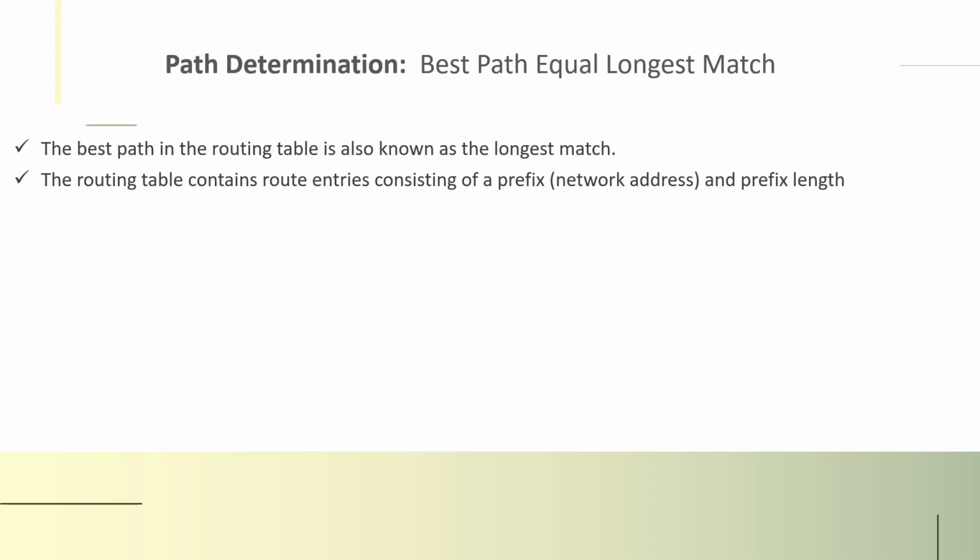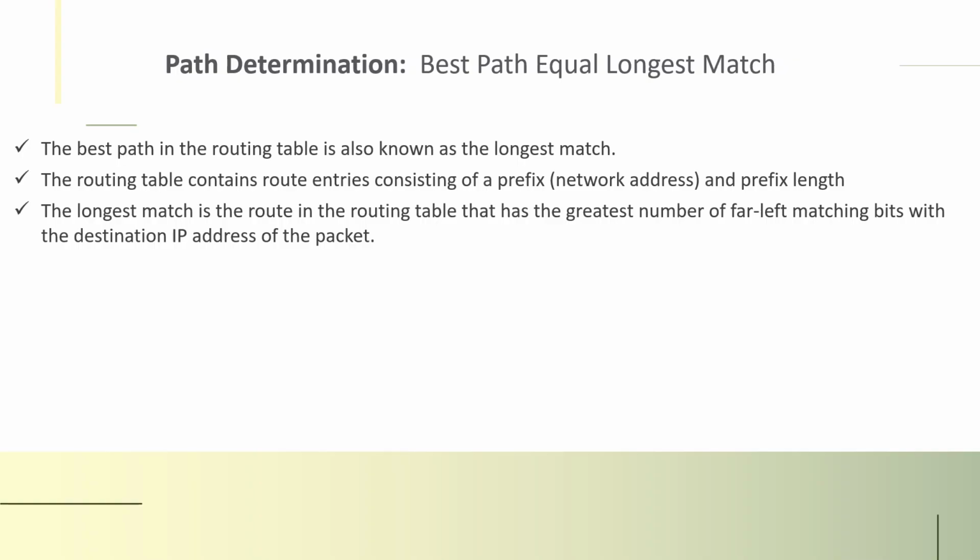Remember that an IP packet only contains the destination IP address and not the prefix length. The longest match in the routing table has the greatest number of far-left matching bits with the destination IP address of the packet. The route with the greatest number of equivalent far-left bits, or the longest match, is always preferred as the best route.